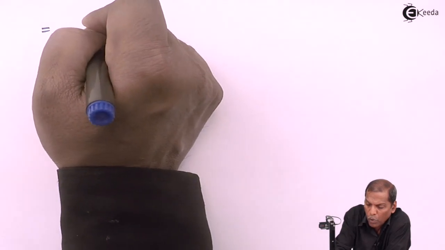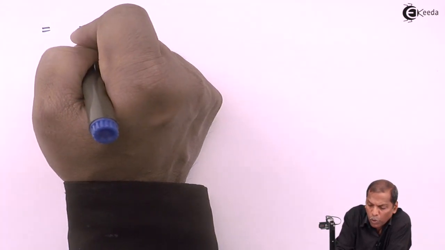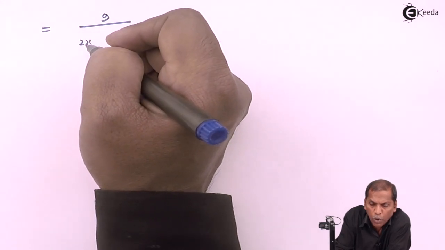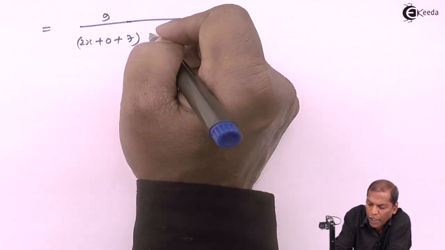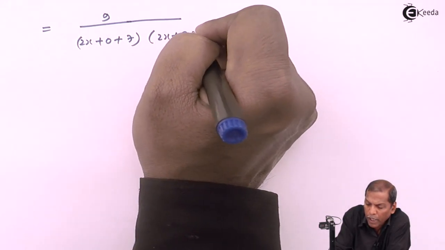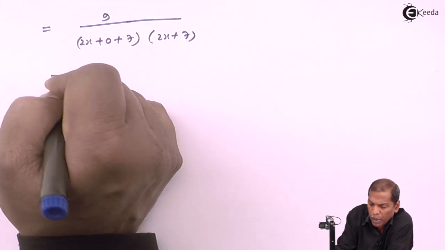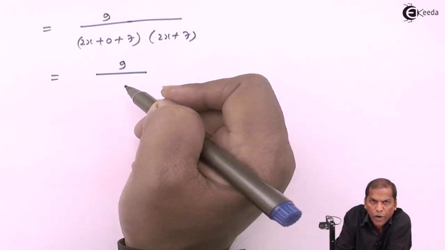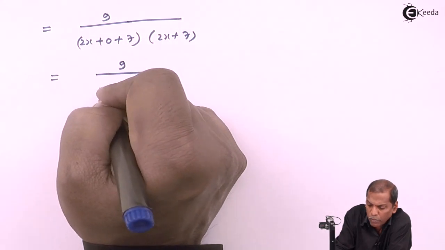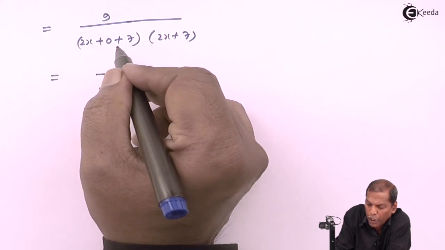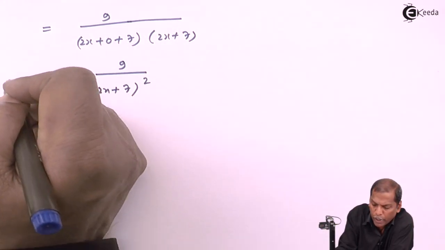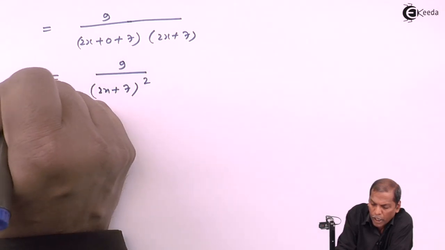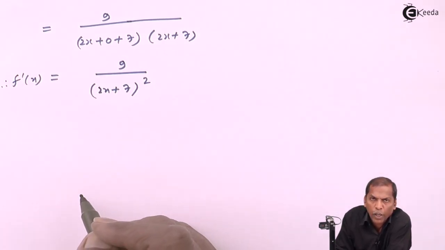So that equals 9 upon, now 2x plus 2 into 0 gives 0 plus 7, we write as it is in the first bracket, and in the second bracket 2x + 7 we write as it is. On further simplifying, finally we get 9 upon (2x + 7)(2x + 7), that is (2x + 7) the whole square, and therefore f'(x) is equal to 9/(2x + 7)².